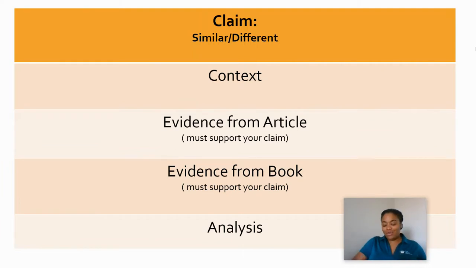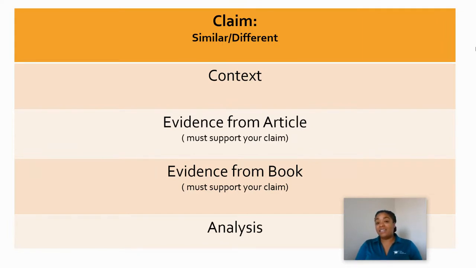All right, scholars, so you have now just completed your analysis. In front of you, you should have your chart that has evidence from the book and evidence from the article. You should also have a claim that has been written out that explains if it is similar or different.